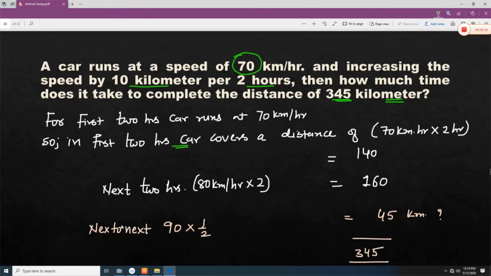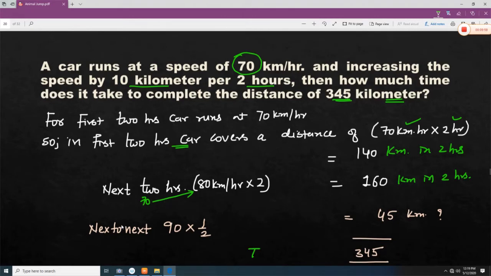So in 2 hours the car ran 70 into 2, so 140 kilometers. In the next 2 hours it increases the speed from 70 to 80 and runs for 2 hours, so it ran 160 kilometers in 2 hours.